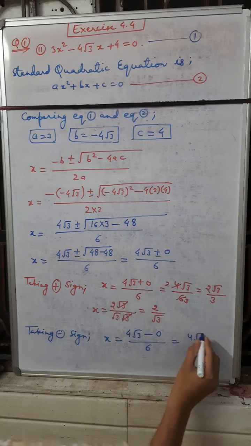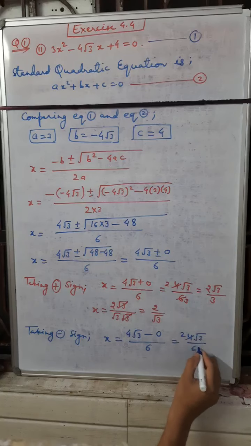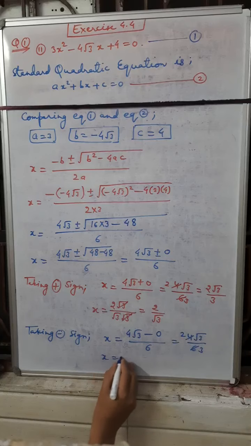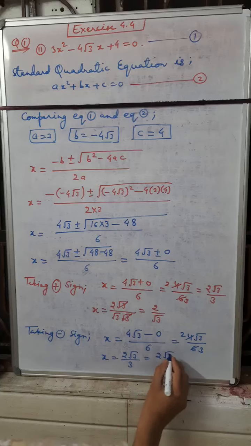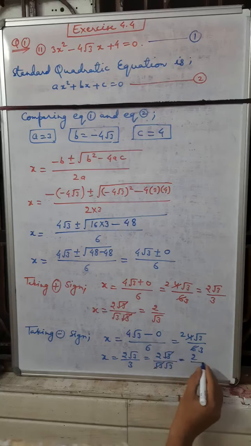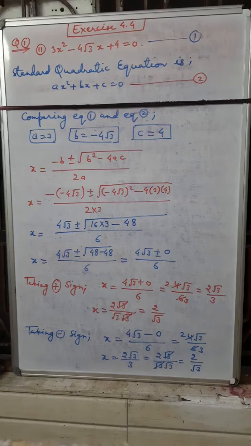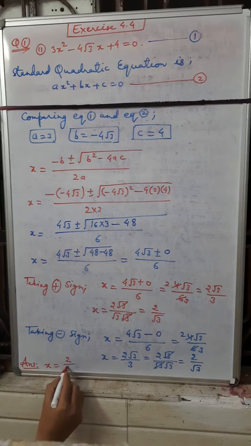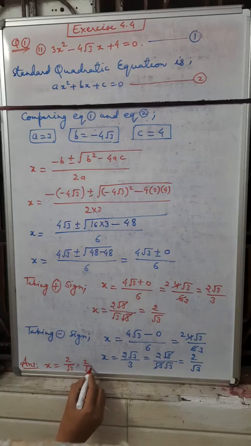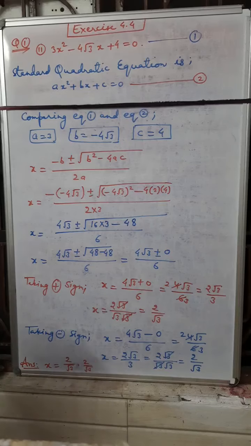So it is also 4√3 / 6. 2 twos are 4, 2 threes are 6, so we get 2√3 / 3, or we can convert 3 into √3 times √3, so √3 cancels and we again get the result 2/√3. So the roots are 2/√3, 2/√3. Both the roots are equal and real.